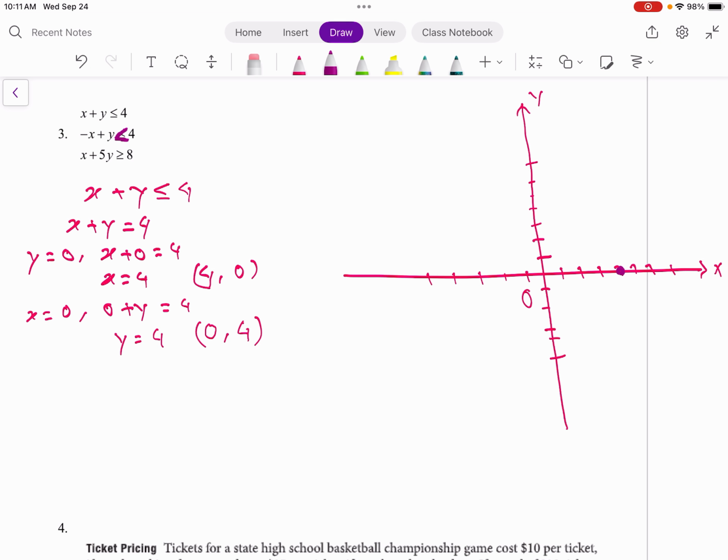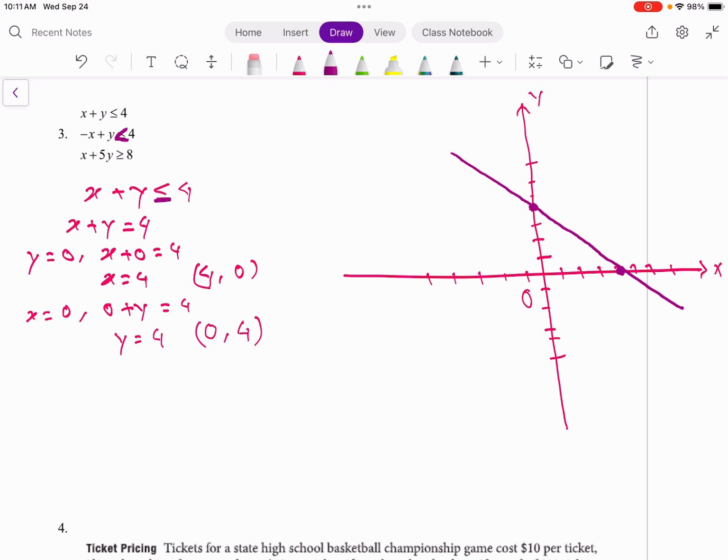And (0, 4) is on the y-axis: 1, 2, 3, 4. Now what kind of line do we use to connect these two dots, solid or dotted? Solid, because we have an equals sign. If you have equal to with your inequality, we use a solid line. So let's use a solid line to connect these two dots.